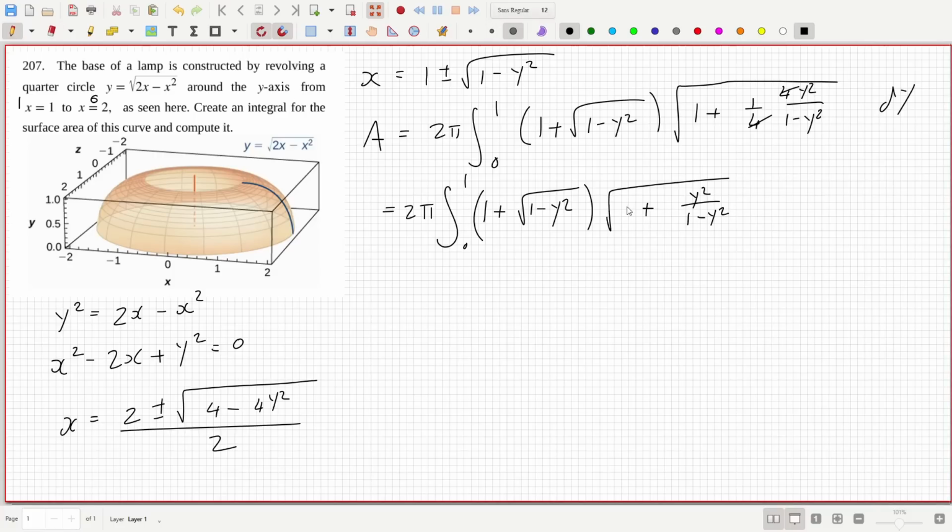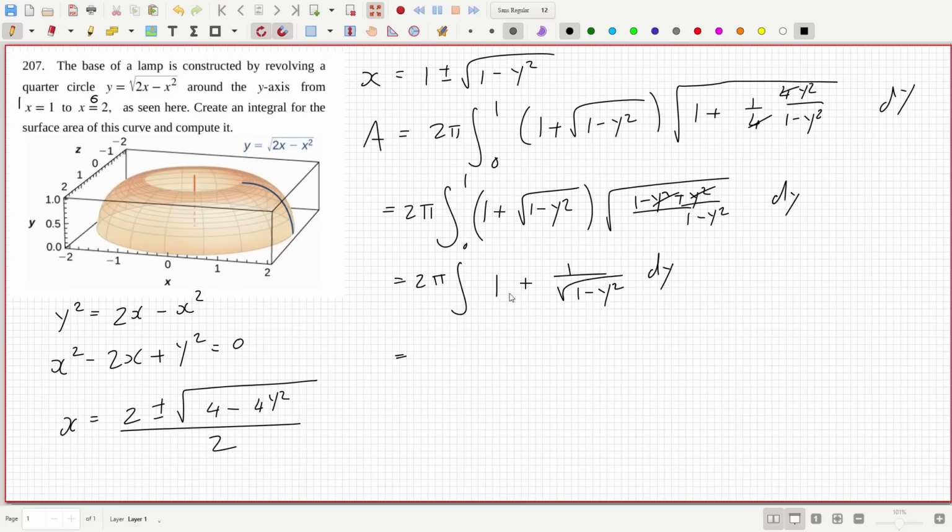So I could change this into 1 minus y squared plus that, all over 1 minus y squared. That's good because they cancel. And that's a 1 over root 1 minus y squared. So if I multiply that in now, that will cancel that down to just a 1. So it's 1 plus 1 over root 1 minus y squared dy.